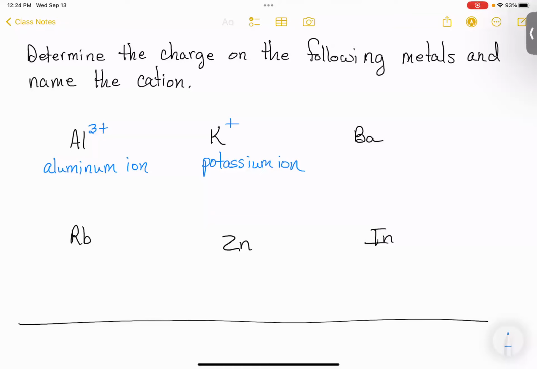Barium is a group 2 metal. It's always a +2, so it's barium ion. Rubidium is a group 1 metal, so it's always a +1, so it would be called rubidium ion.